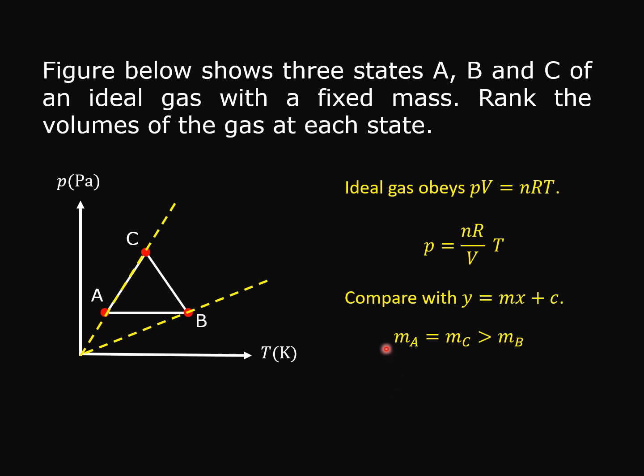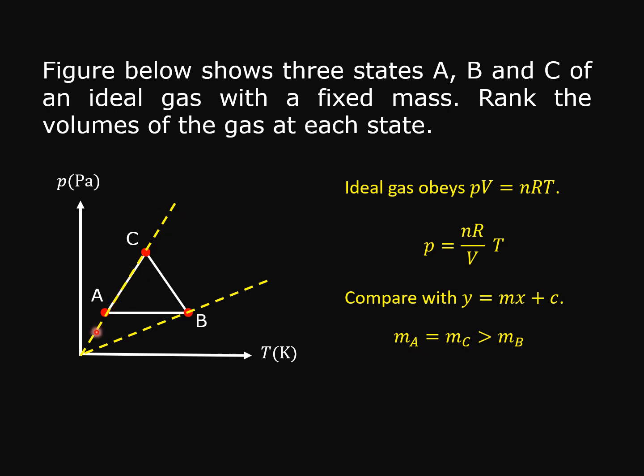To be more specific, the gradient of the line that connects the origin to A, which is MA, is the same as the gradient of the line that connects the origin and C, which is MC. These two values are the same because they are in fact the same line.